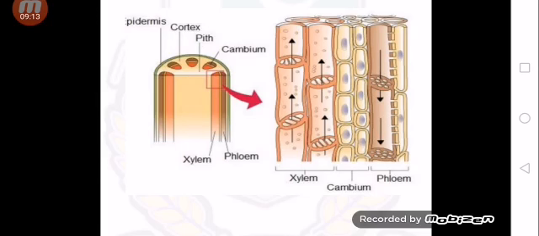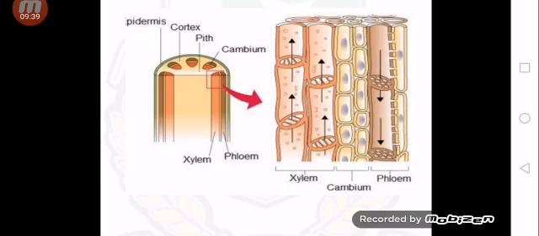Along with that, the other component is known as companion cells, which make protein for the sieve tube cells. So the sieve tube cells' function is to transport food, and this function is helped by companion cells, which are shown on the very right side, where you can see the nucleus also.